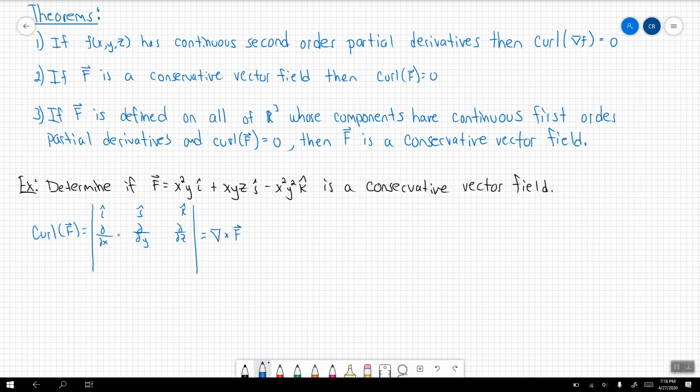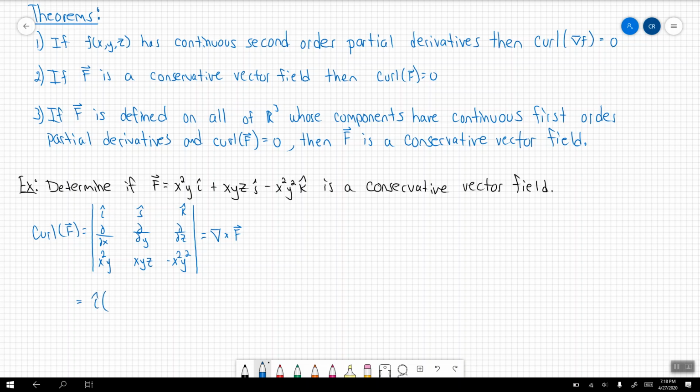Del is the operator here, that's just partial derivatives. And now I go through my vector field. In the x component, I have x squared y. In the y component, I have xyz. In the z component, I have negative x squared y squared. So all I have to do now is take this determinant.